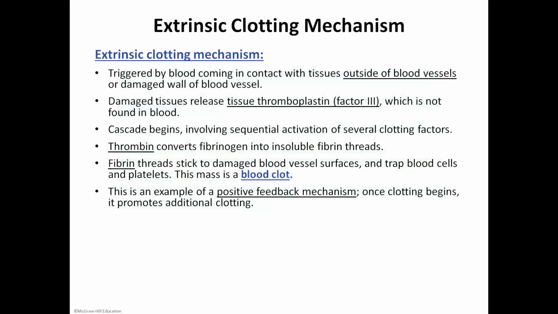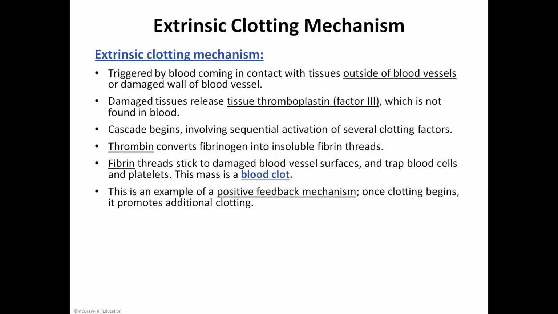And again, there are these different mechanisms for coagulation. It can be intrinsic or extrinsic. Extrinsic is going to be where there's some sort of damage to the outside of the blood vessels. And it can also be due to a release of a factor 3. But basically what you're going to see take place is this series of events.